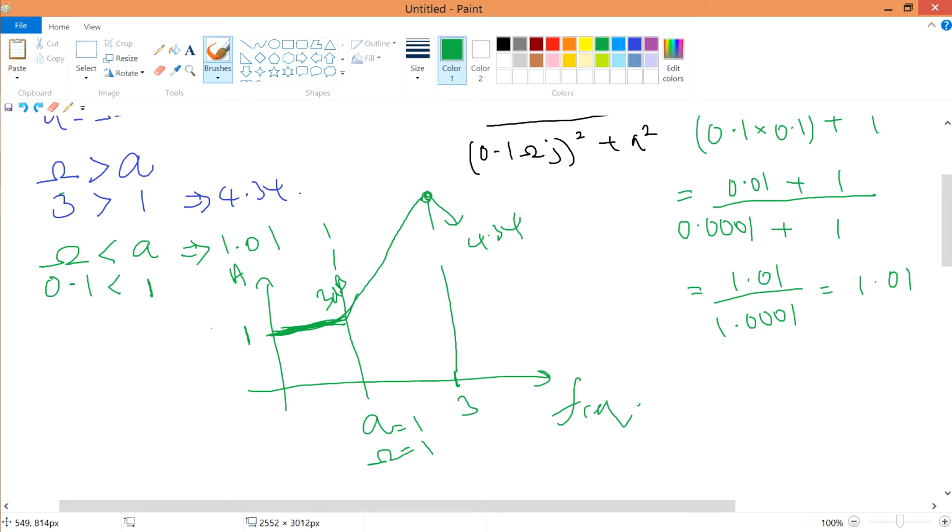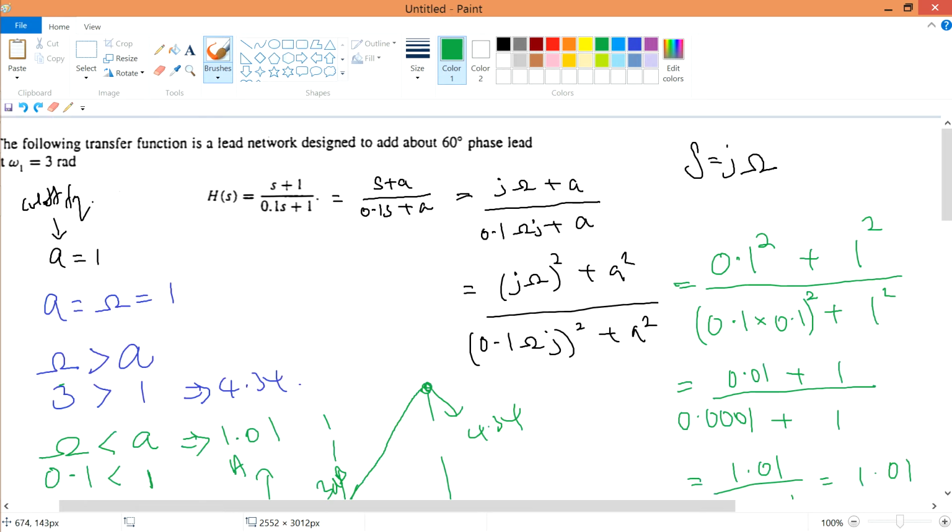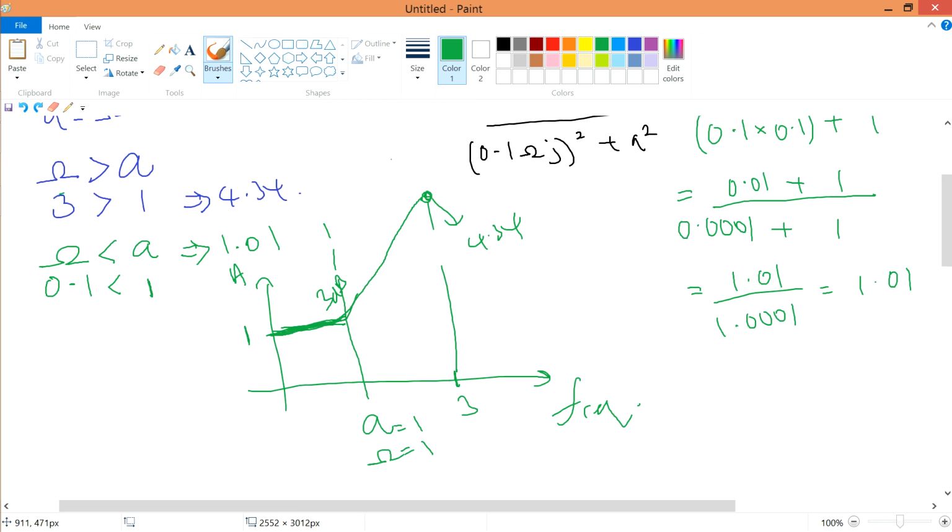It's always 1 times whatever signal comes in until you increase your frequency, then it goes up. I hope this gives you a clear understanding of how to look at whatever transfer function you are working with, or at least you know the purpose of the transfer function, so to speak. So I'll leave you with that.